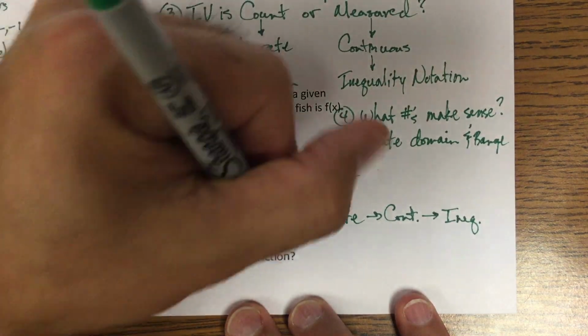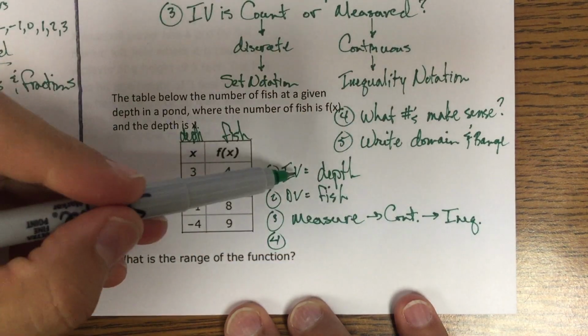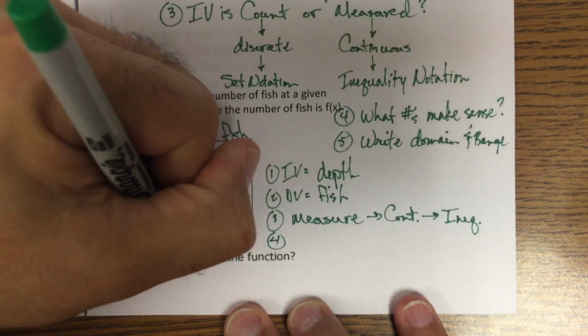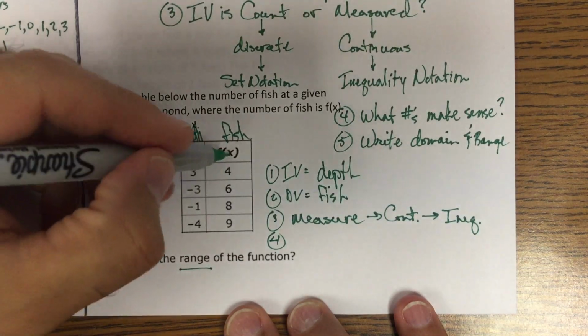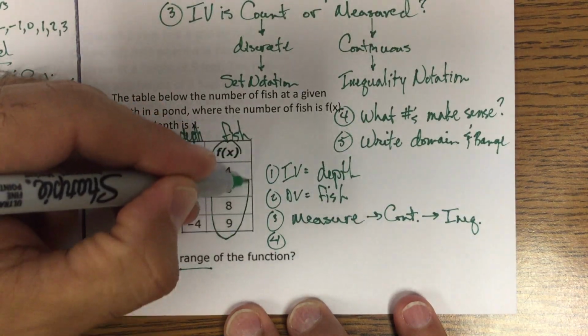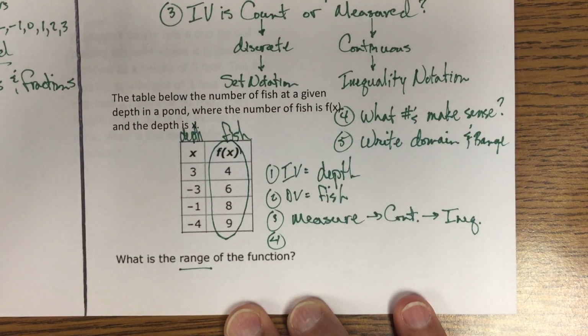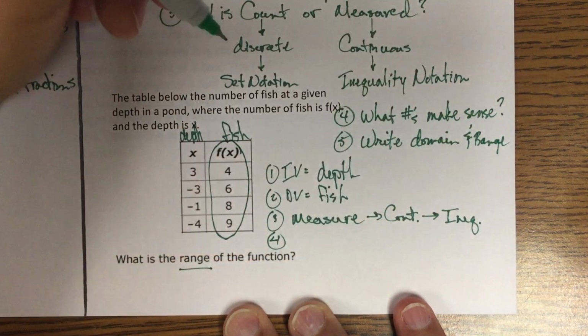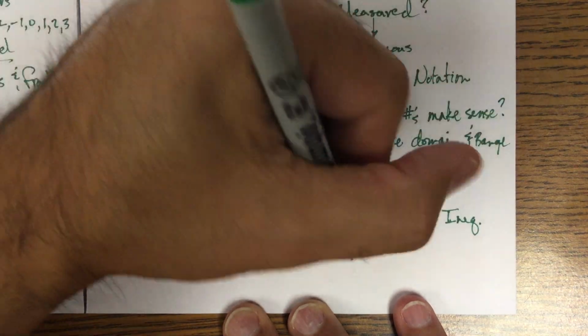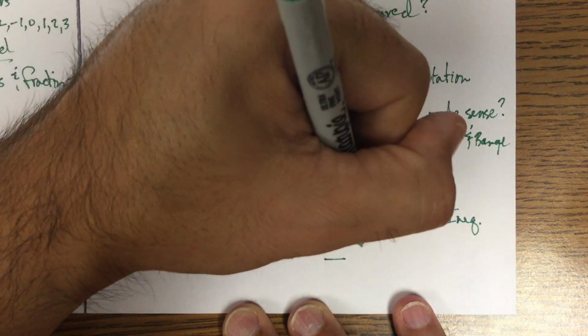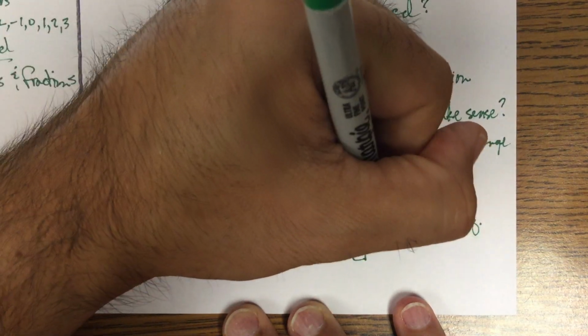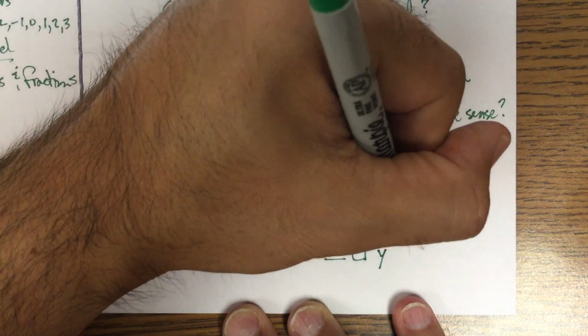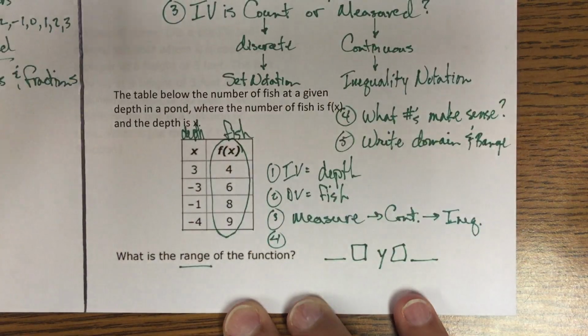So number 4, what numbers make sense? Well, the range is all of these numbers. Remember, when we're doing domain and range with inequalities, we need to have a number, a symbol, the y-axis, another number, and a symbol.